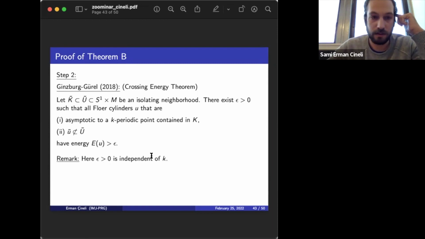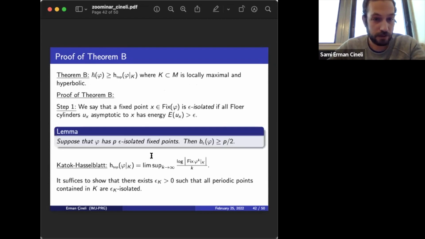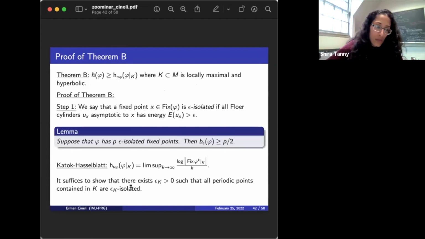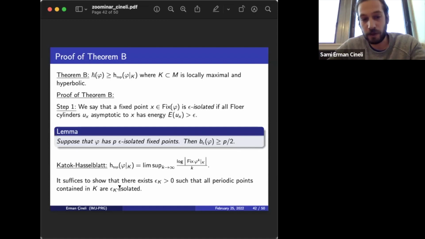And let me tell you why we need it. We want to show that for every periodic point in K, we want to find an epsilon such that it works for every point. And in K, there are points of arbitrary period. So we need to find a lower bound that works for every period.